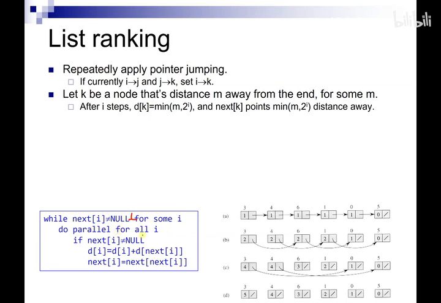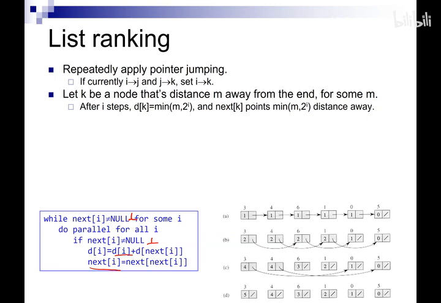If its next pointer is not equal to null, then its distance is set to its current distance plus the distance of its next node. And also, here's where you apply pointer jumping: the next pointer is set to the next pointer of the next node.